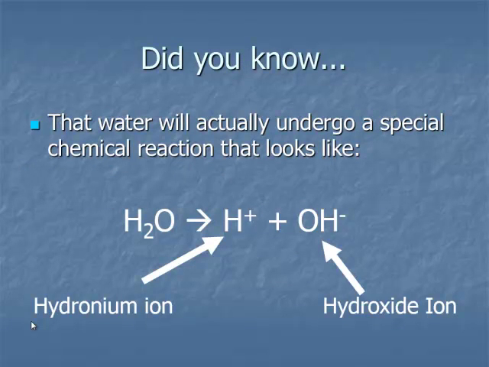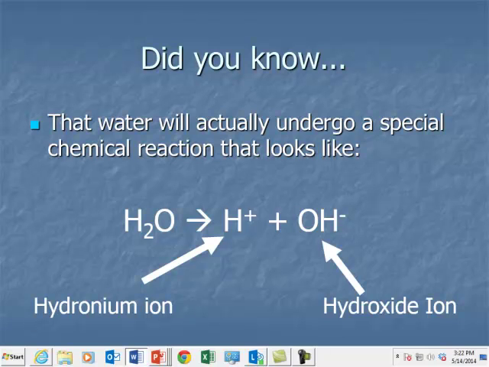Well, what you may or may not know is that water can actually undergo a very special chemical reaction that looks something like this. The water, naturally on its own without any outside interference, you don't have to stir it, you don't have to heat it or anything, water will ionize. It'll self-ionize. So the self-ionization of water looks like what you see there, the equation.